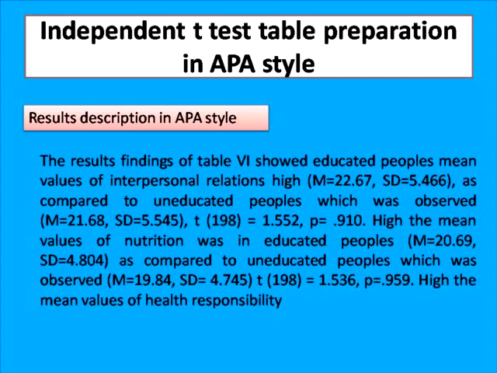And if P is greater than 0.05, we will write that the null hypothesis is accepted and the research hypothesis rejected. There is no significant difference in interpersonal relationship among educated people gender-wise.